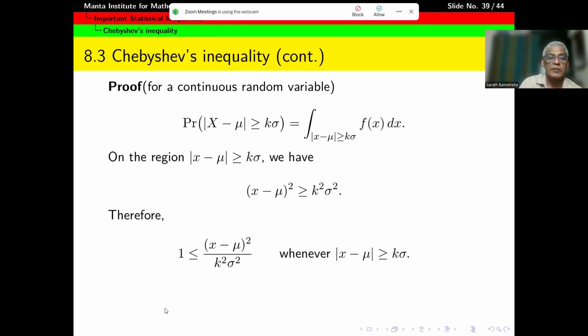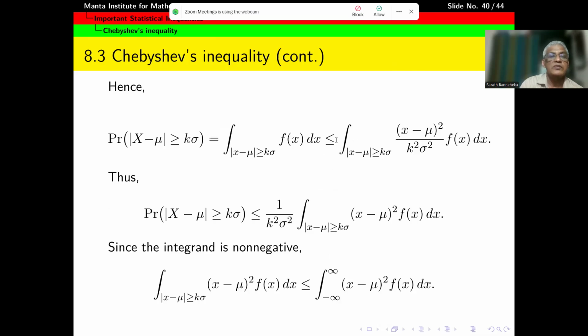So if you divide this by this quantity, this quantity is greater than or equal to 1 whenever |x minus mu| is greater than or equal to k times sigma, right? So therefore, I can now build up an inequality. If I multiply by this quantity, then the integration will give me this inequality.